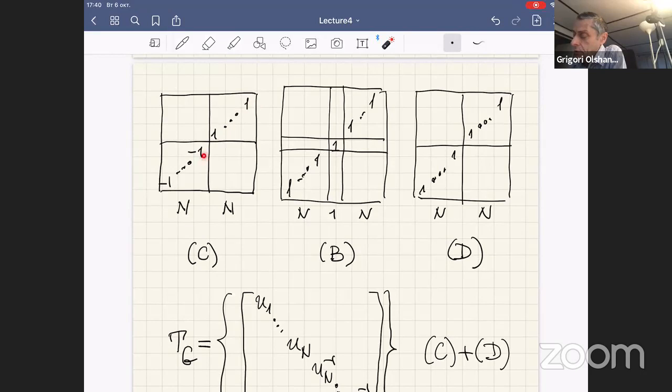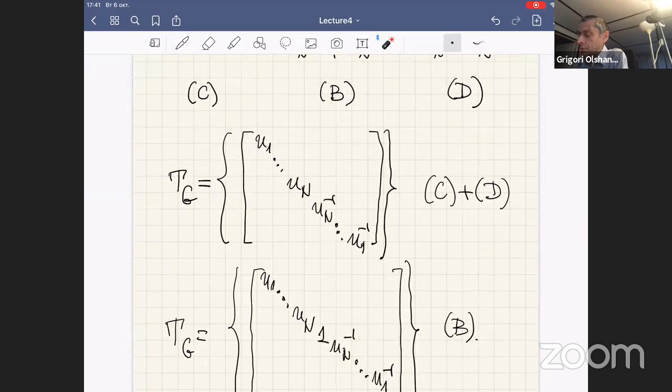The ones or minus ones are on the second diagonal. Again, in types B and D, we also use only the second diagonal, only ones, because we need a symmetric matrix. This is the odd case, so we have this row and column in the middle. And this is the even case, the case of type D.